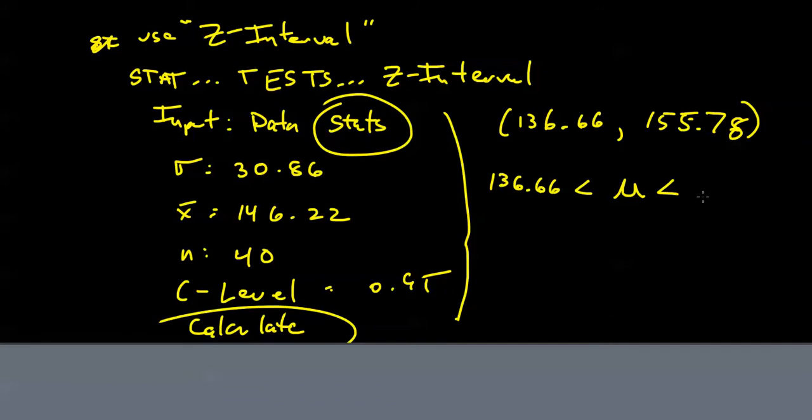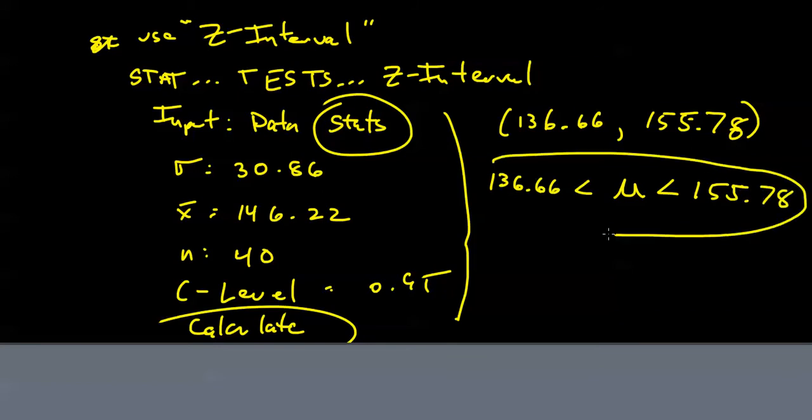P was in section 7.2. Mu is in section 7.3. 155.78. This is my 95% confidence interval for mu, where mu is the population mean weight of all adult women. Okay? All right, I want to talk about the data input mode, give you an example of how to use that mode. Let me get a fresh screen here.